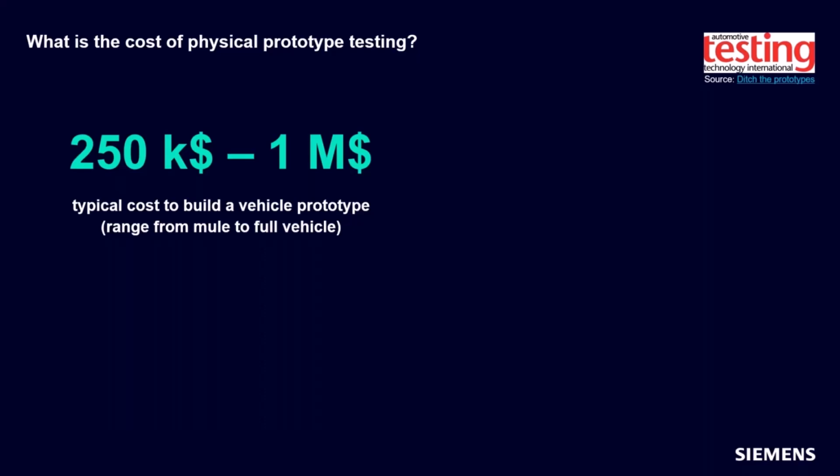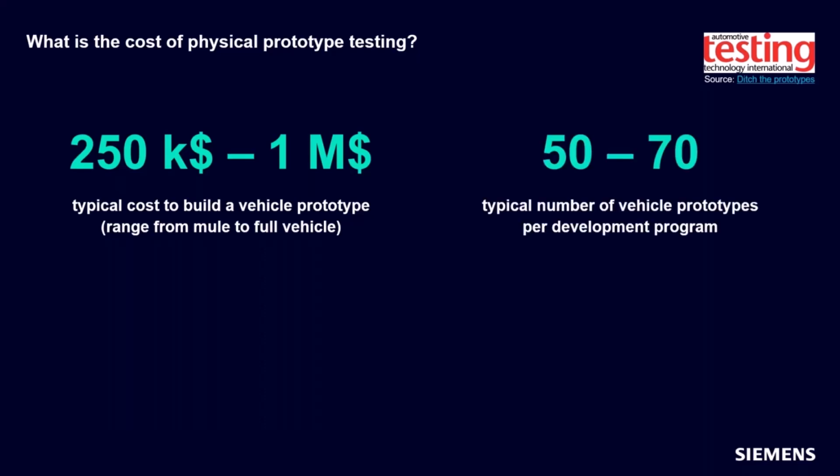You're starting with existing stuff, and so it's not quite as expensive. But by the end, when you're building your final prototypes, those can be up to $1 million per prototype. And typical vehicle programs have historically used 50 to 70 of these vehicle prototypes over several stages, so you can imagine the amount of money.